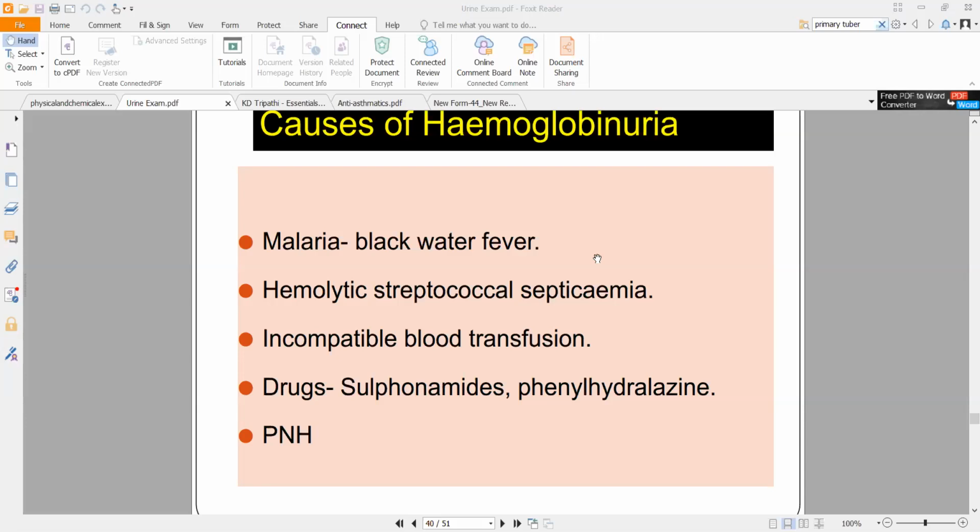Then there is hemolytic streptococcal septicemia. So basically a streptococcal infection. You must have studied streptococcus in microbiology, or at least you must have heard about streptococcus, right? It's a gram-positive bacteria. Yes, sir. There is a particular type of streptococcus that causes septicemia. Septicemia is basically sepsis. Okay. Sepsis in blood is septicemia of hemolytic kind.